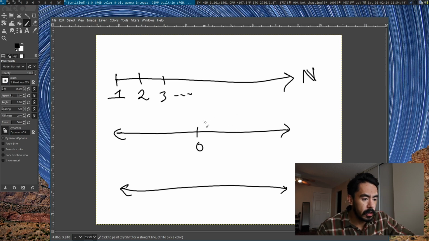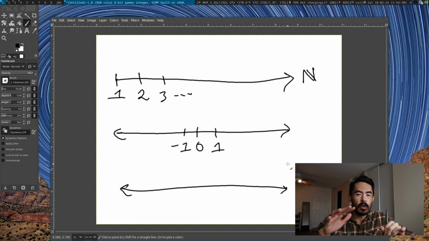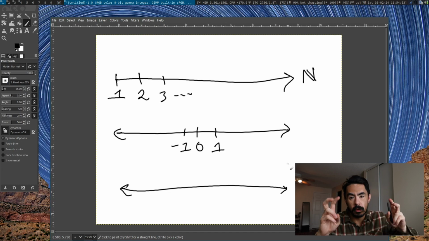So you can do all these kinds of things and start to talk about negative numbers and stuff, but we still only have whole numbers: 0, positive, and negative.